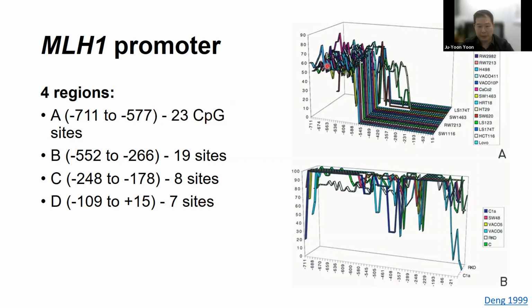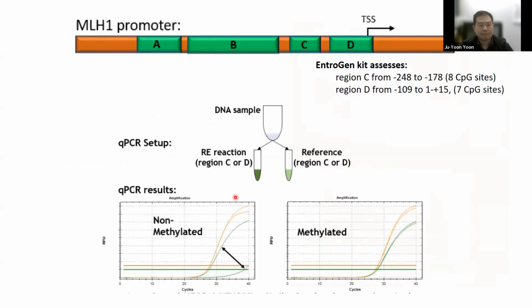A lot of CpG sites, certainly in region A, just don't have any correlation with MLH1 expression status. The ones that better correlated were the regions in C, where differential methylation was more commonly seen in cases with silencing of MLH1, and D, but to a lesser extent compared to C.